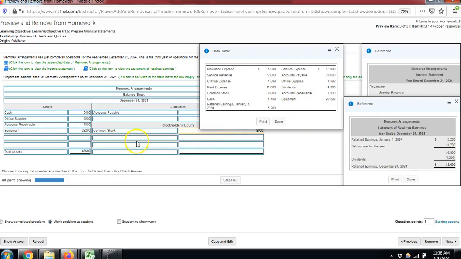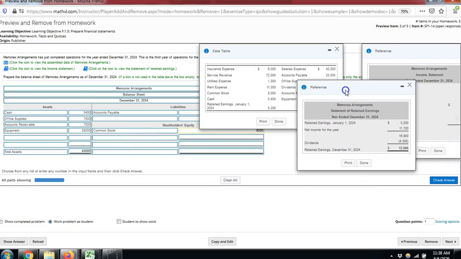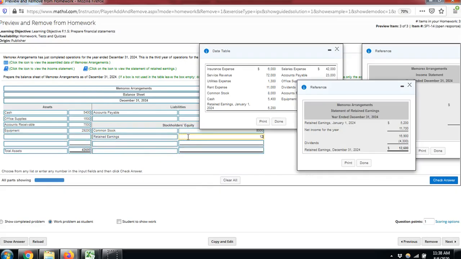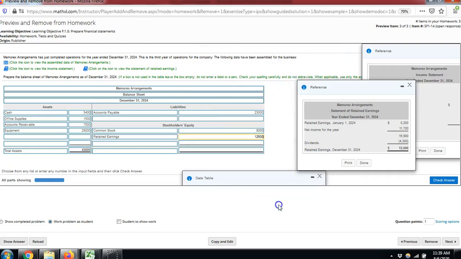So we're missing one thing in this balance sheet to complete it, and that is basically taking the ending balance of our retained earnings, which we calculated here. So we have retained earnings of 12,600.